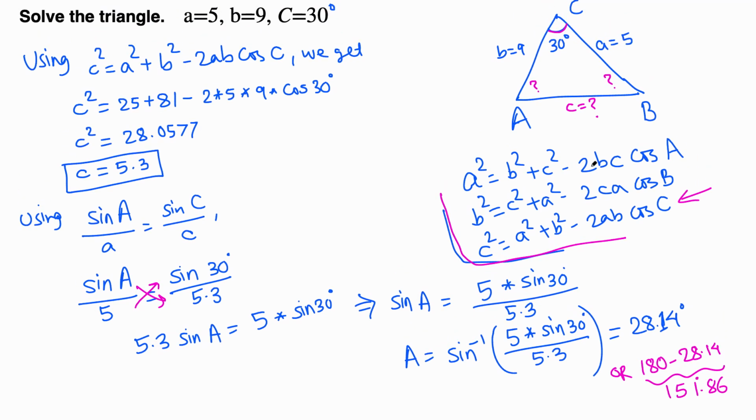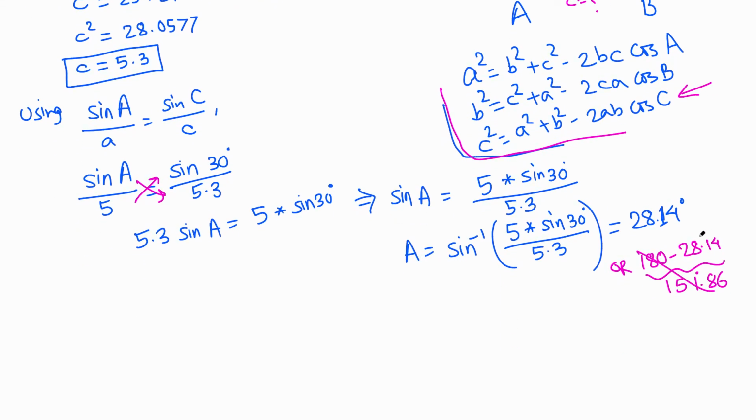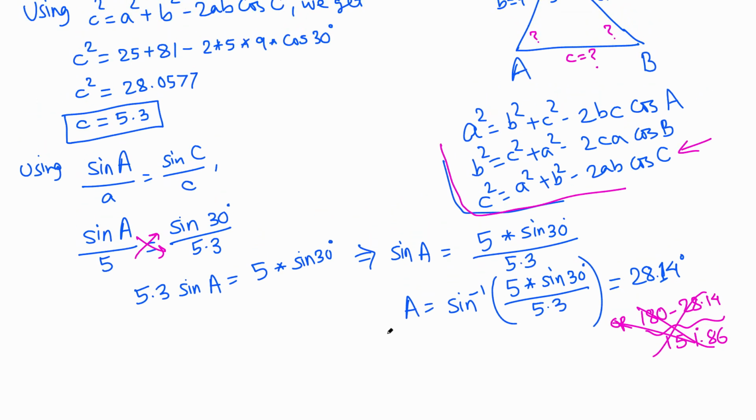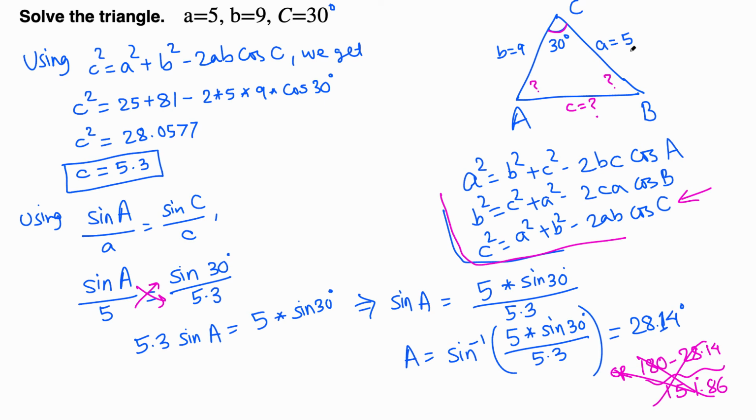If we go and check, we got 30 already there. If 151 is also there, 151 plus 30 is bigger than 180, so this is not going to be the case. In fact, if we look closely here, side a is 5, and we found angle A to be 28.14.